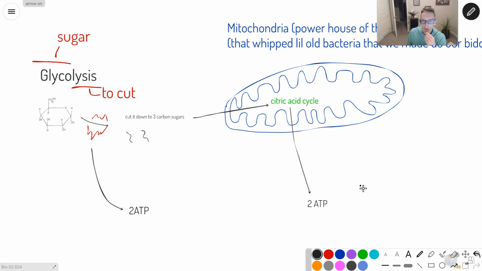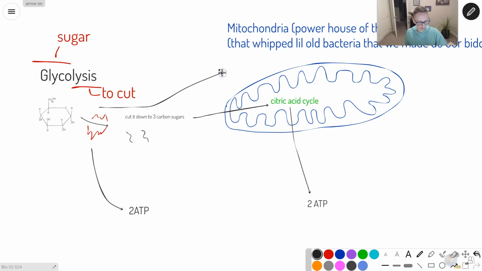All right. Well, we also got some other stuff out of here. Out of glycolysis and the citric acid cycle, we also got these things called electron carriers. So in addition to just breaking these bonds and getting this ATP, we're also stripping off some of the electrons and putting them on other molecules.